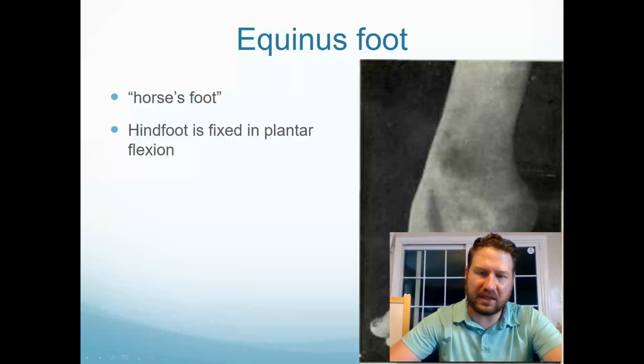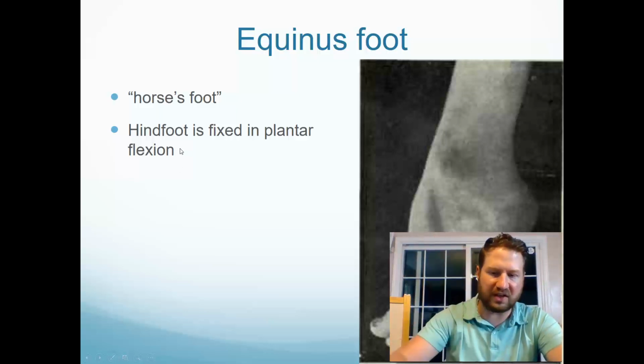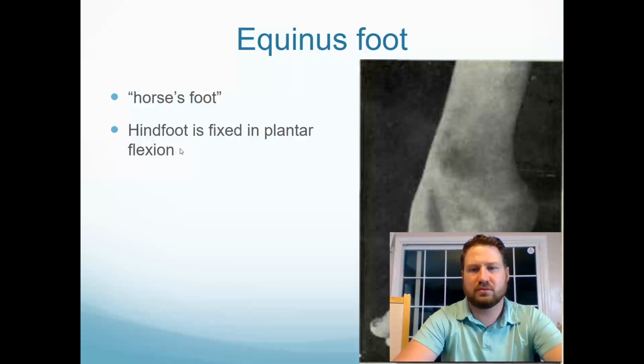Think of that metatarsal coming straight down there, and then it's going to go into a sharp angle of extension on your MTP. This is where the hind foot is fixed in plantar flexion, and there's no active dorsiflexion available. So it's like someone is walking on their tiptoes at all times.